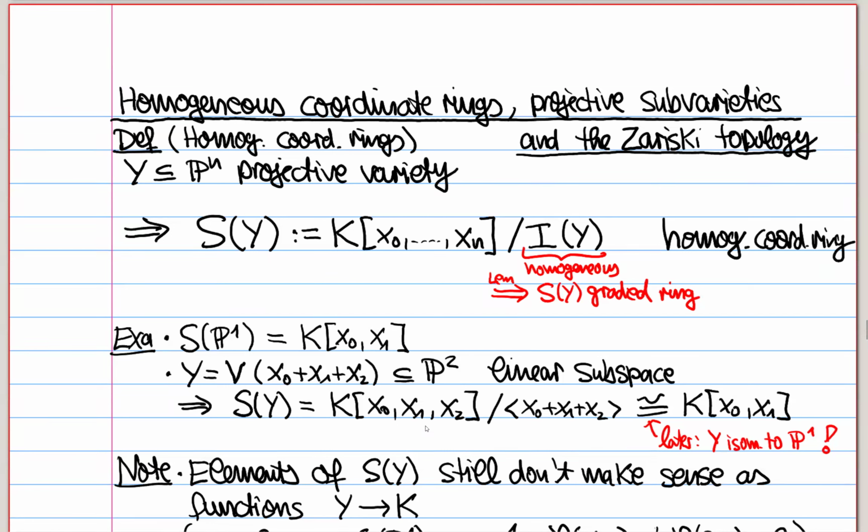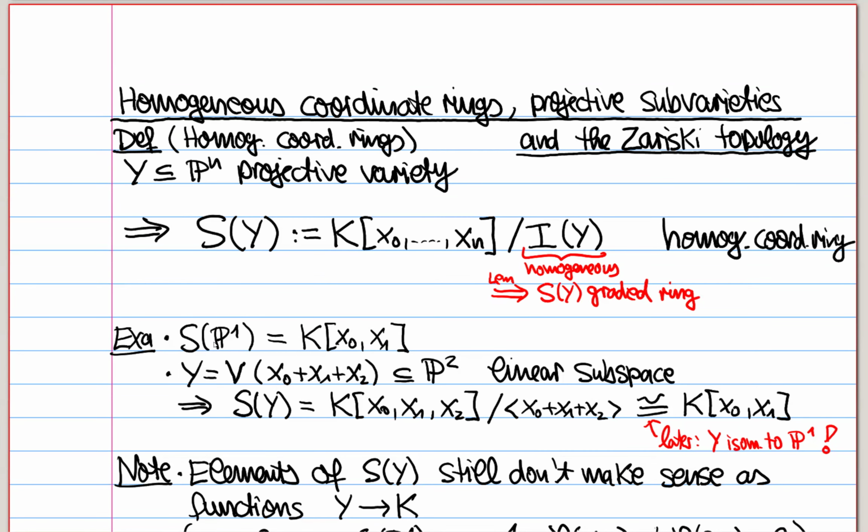And then, if you look at this, you see we can use this ideal to eliminate one of the variables, for example x2. And so it's isomorphic to the ring K[x0, x1], which was the same thing as this P^1. And later we can actually see that this Y is isomorphic to P^1 as an algebraic variety.